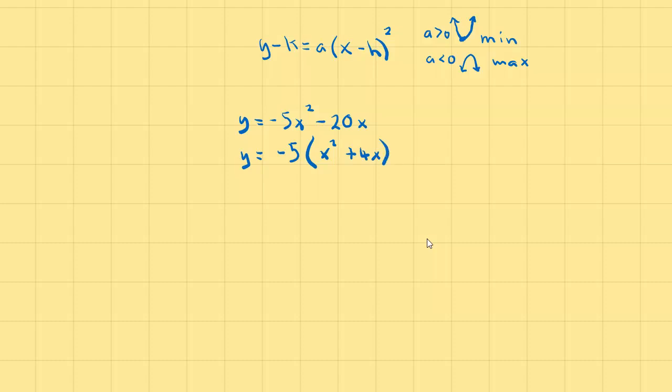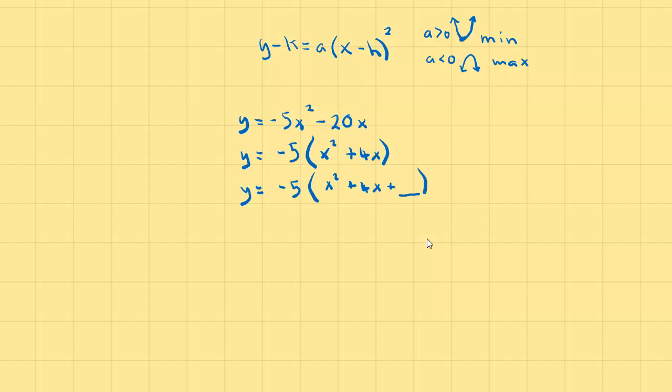And you can mentally check if you factored it correctly. Negative 5 times x squared is negative 5x squared, and negative 5 times 4x is negative 20x. So we've got that right. Now, next step, I'm going to leave a blank space right after 4x. So x squared plus 4x plus blank. Okay?